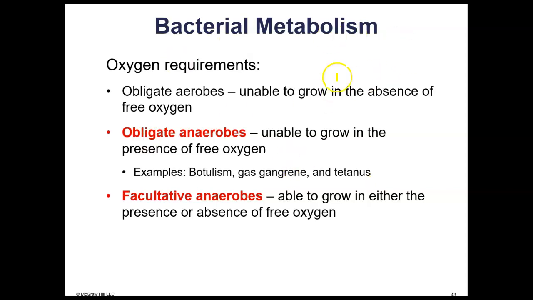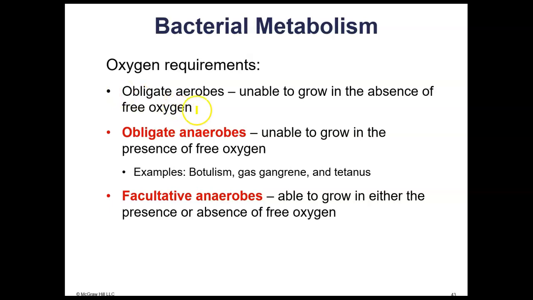Now, we talked about viruses. Viruses don't have a metabolism at all. But we did say that they were obligate intracellular parasites. So we're going to use that term obligate again here for bacteria, but we're referring to their oxygen requirements. If they are obligate aerobes, that means they cannot grow unless oxygen is present.